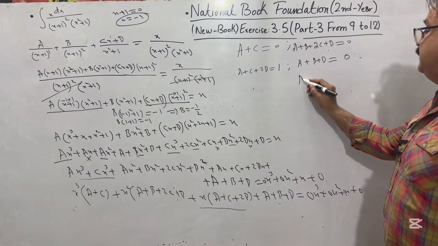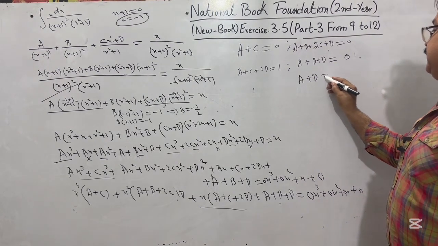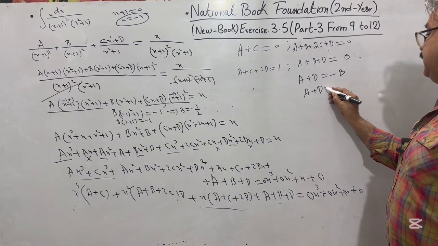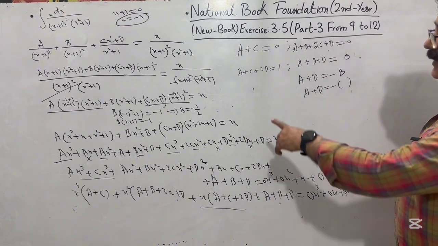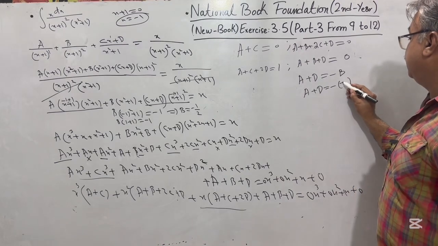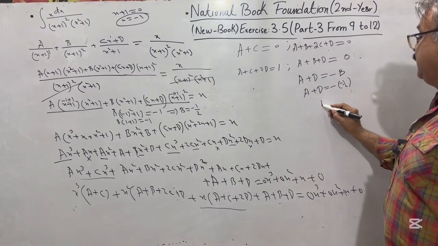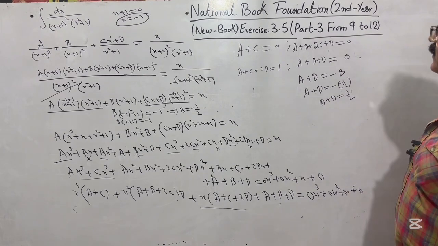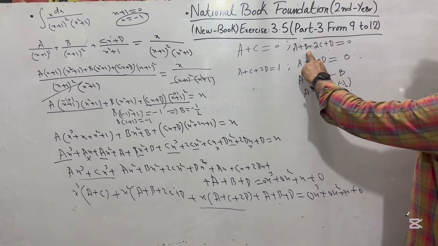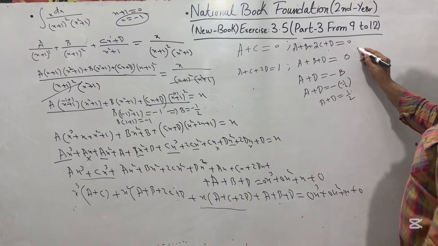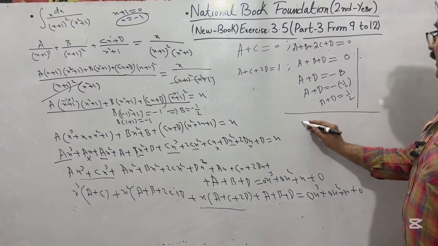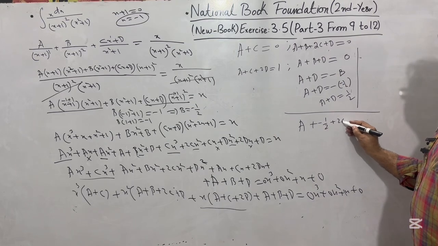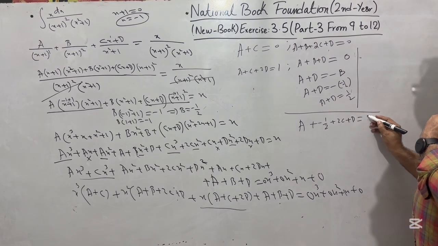This equation will become a plus d is equal to minus b, or a plus d is equal to minus the value of b. B is minus 1 over 2, so it will become a plus d is equal to positive 1 over 2. Okay. If I put the value of b here, it will become minus 1 over 2 plus a plus 2c plus d is equal to 0.